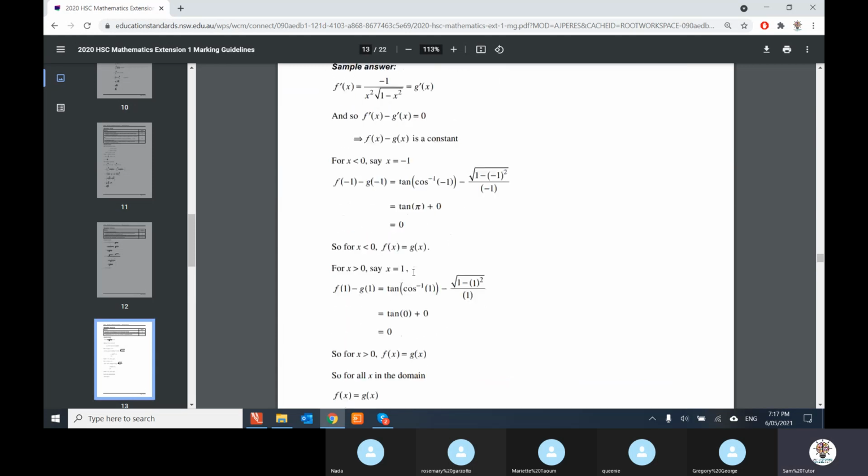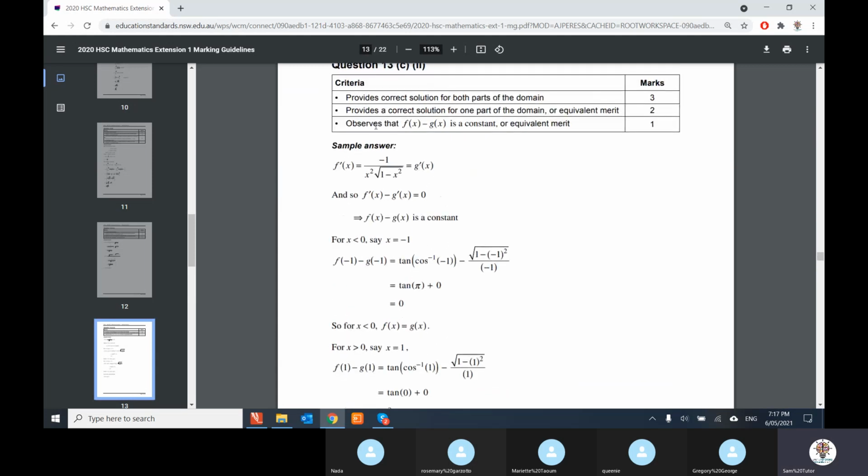Yeah, okay, forget my answer. Observes that f of x minus g of x is a constant, or equivalent merit. Perfect, we've done that. We've said f of 1 is equal to g of 1, which means it's always going to be a constant. Provides a correct solution for one part of the domain, yep, which is what I did. Both parts of the domain, fine.